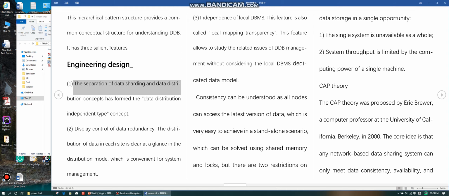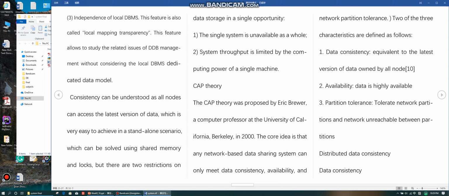And how to achieve this consistency? We use CAP theory.